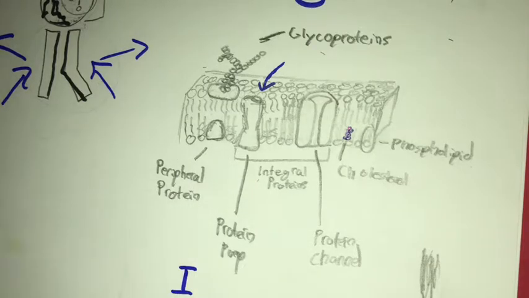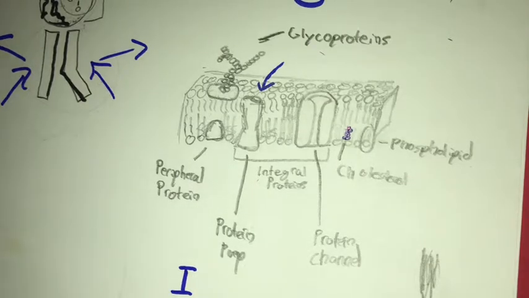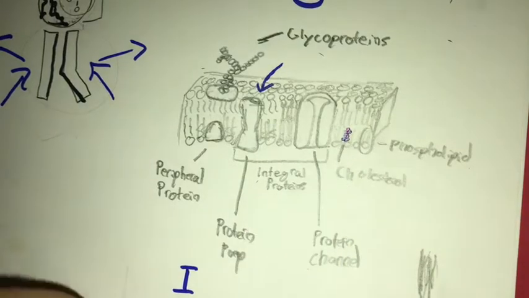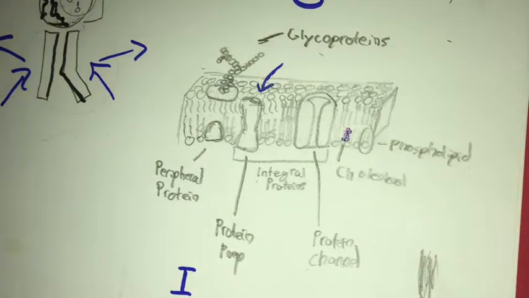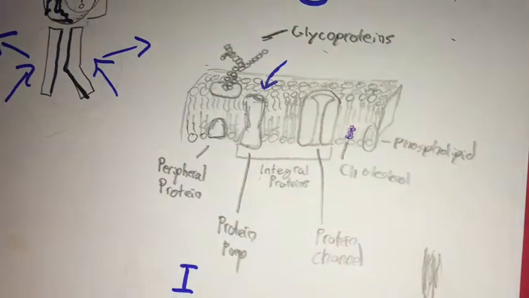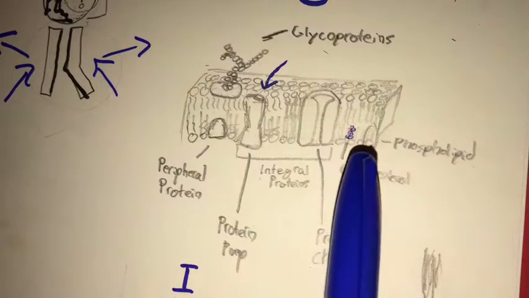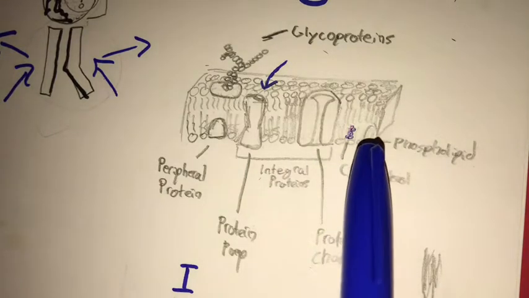All right, next we have cholesterol. And that's over here. Cholesterol is an organic molecule. It is a sterol, a type of lipid molecule, and is a waxy-like fat substance that's found in all the cells in your body, okay? Now, cholesterol makes up the surface of the membrane.